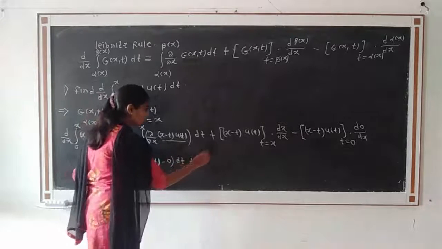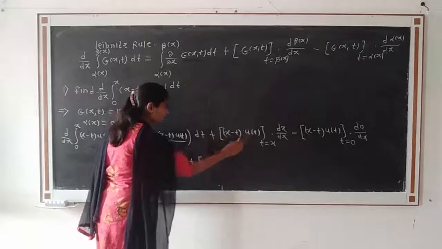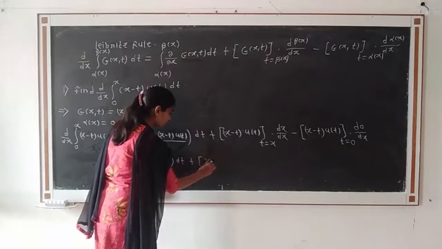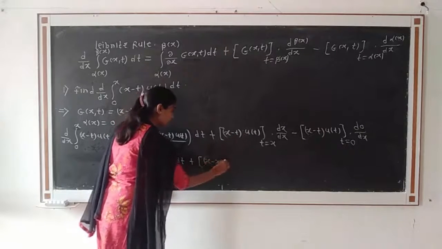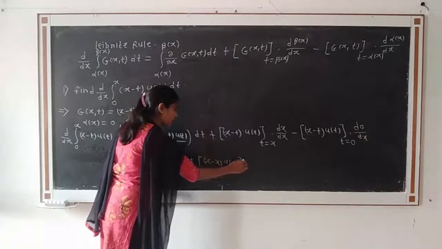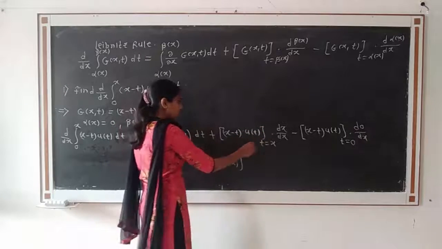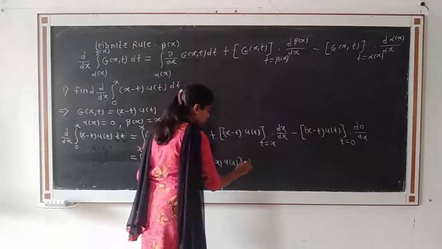Plus, if we put t equal to x in this function, we get (x minus x) into u of x, and the derivative of x with respect to x is 1, that is into 1.